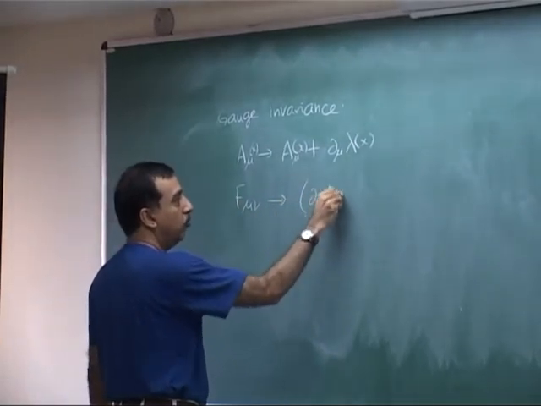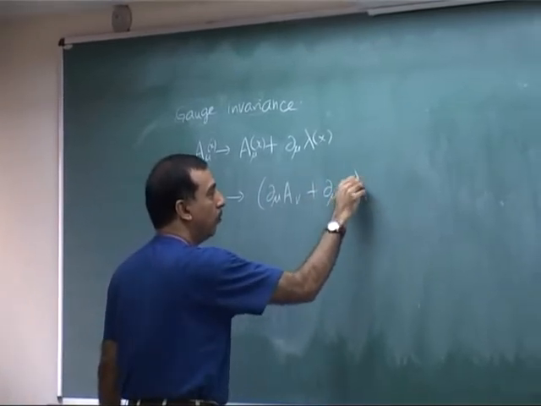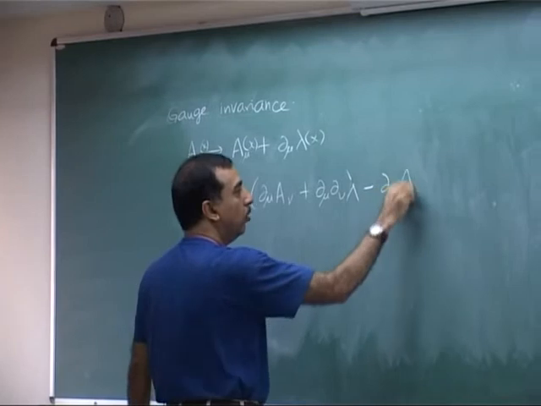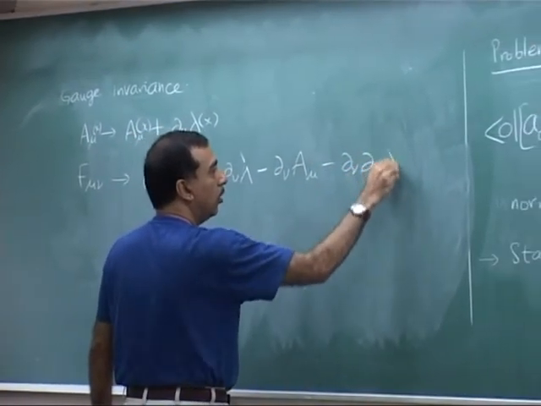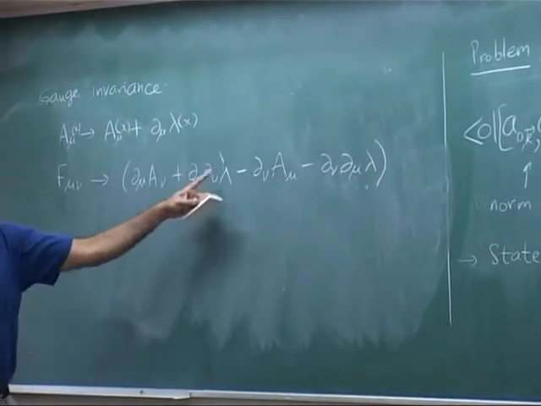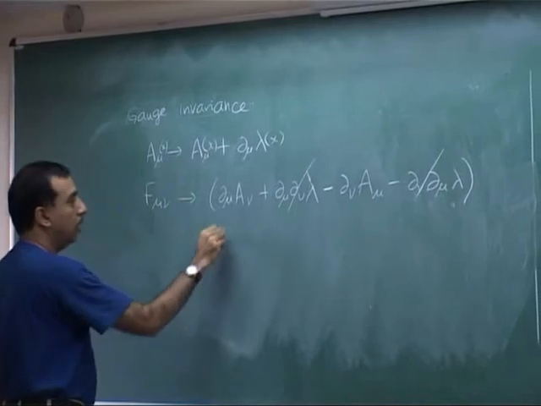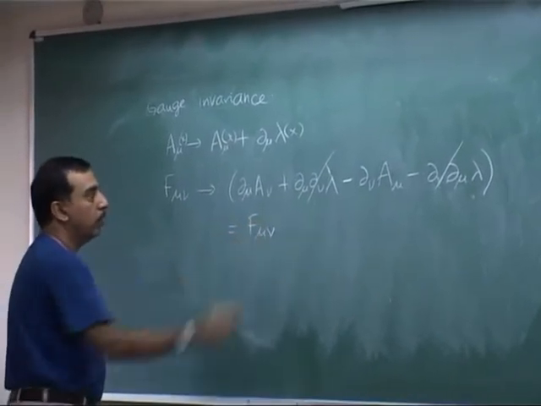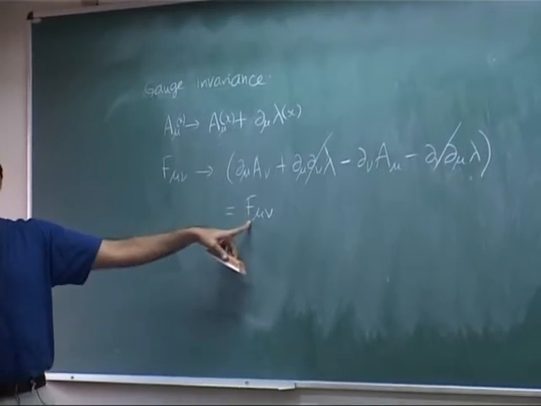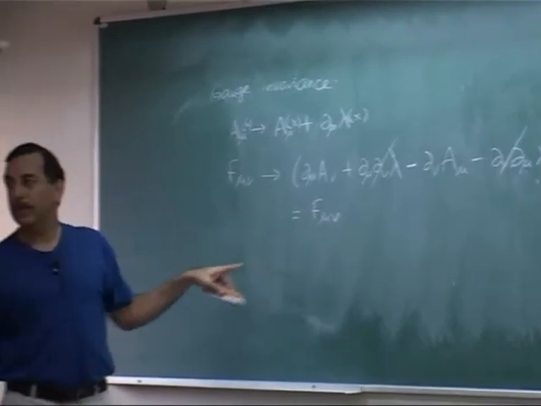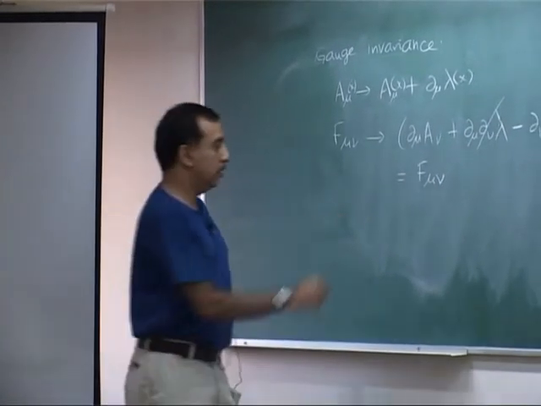Del mu A nu plus del mu del nu lambda minus del nu A mu minus del nu del mu lambda. And because derivatives commute, these two terms cancel and it's F mu nu again. So there's a symmetry under which F goes to itself. If F goes to itself, then minus 1/4 F mu nu squared also goes to itself, and the Lagrangian is invariant.